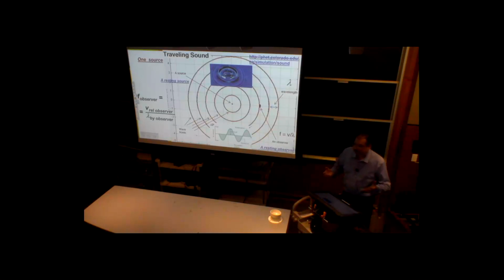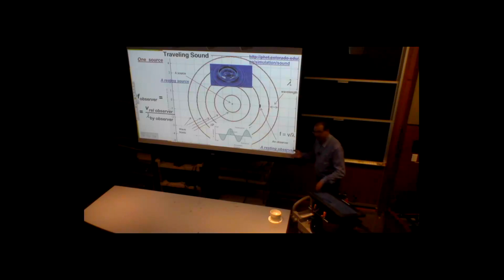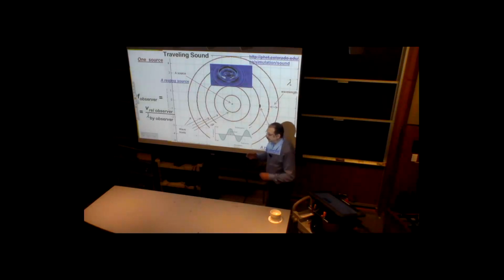And those wave fronts, if the source keeps pulsing, travel away with the speed of the sound, and usually we picture the wave fronts spaced by a wavelength from each other. So this is a standard representation of a set of sound waves traveling from a point source, and this is a wavelength, this is a wavelength, this is a wavelength.